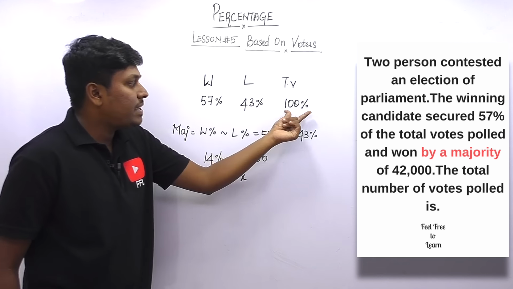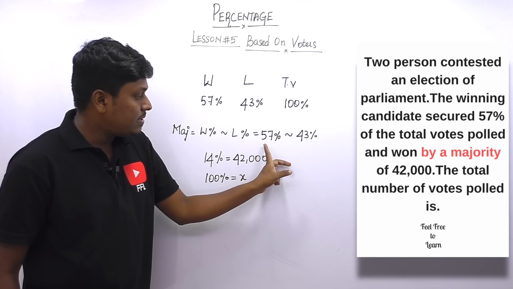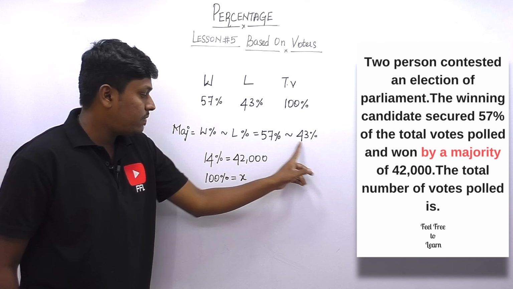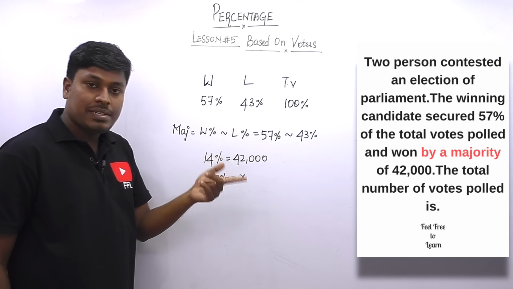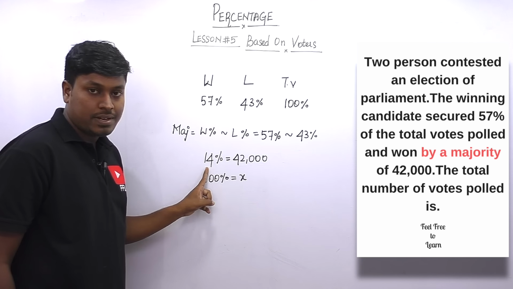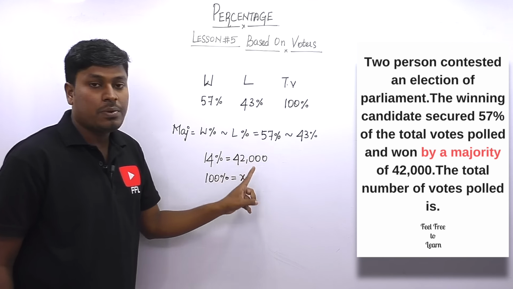And next they have given a value for the majority. Majority means winner percentage minus loser percentage. So 57% winner, loser 43, and the difference is 14, which is called the majority. They have given 42,000 as the majority, so 14% is equal to 42,000. Our target is to find the total number of votes.